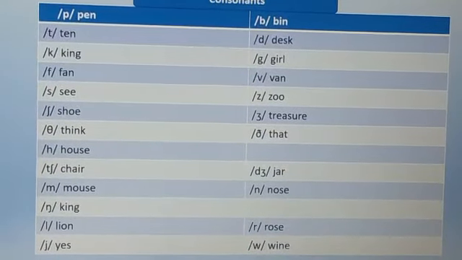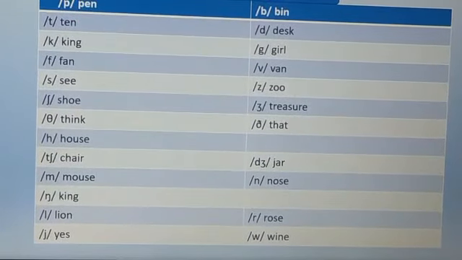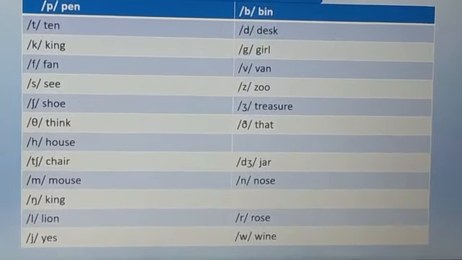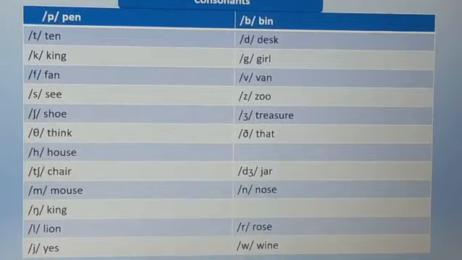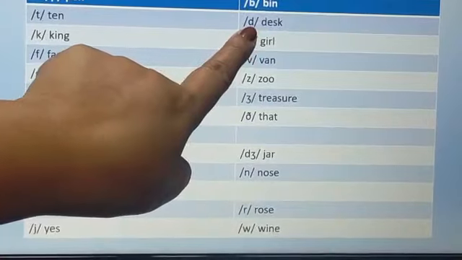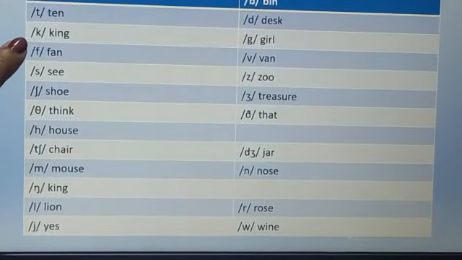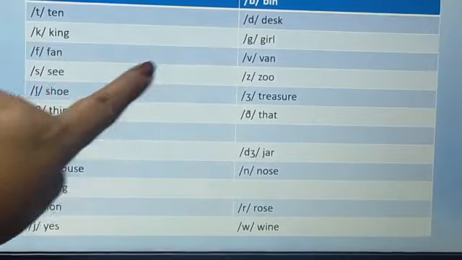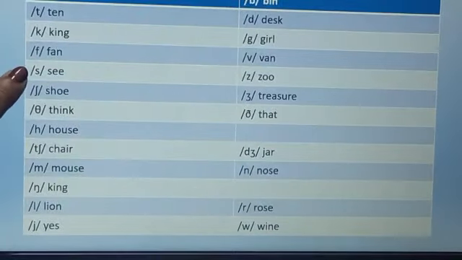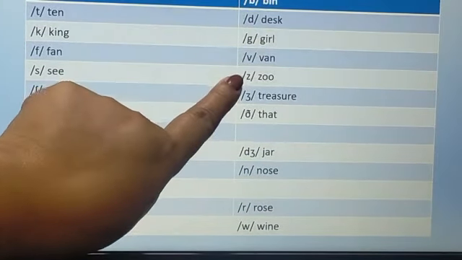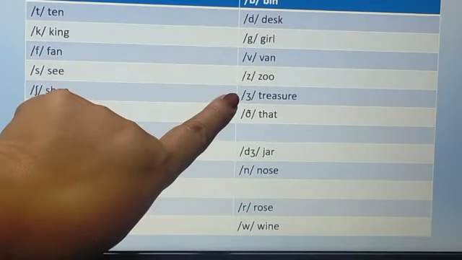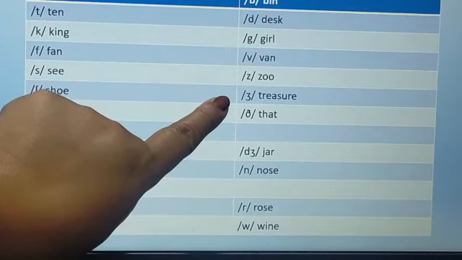Let me now give you a feel of the 44 speech sounds, or what we call phonemes, in the English language. Like P as in pen, B as in bin, T as in ten, D as in desk, K as in king, G as in girl, F as in fan, V as in van, S as in sea, Z as in zoo, Sh as in shoe, the sound in treasure, measure, pleasure.